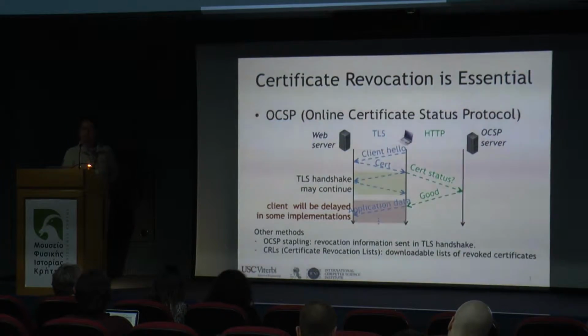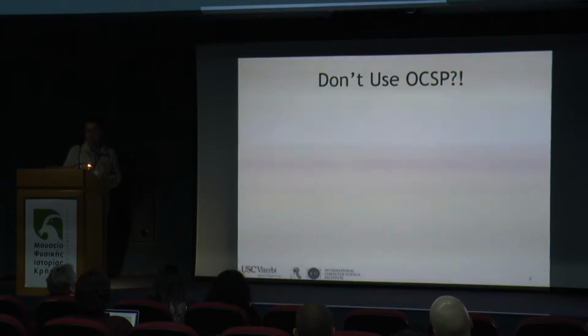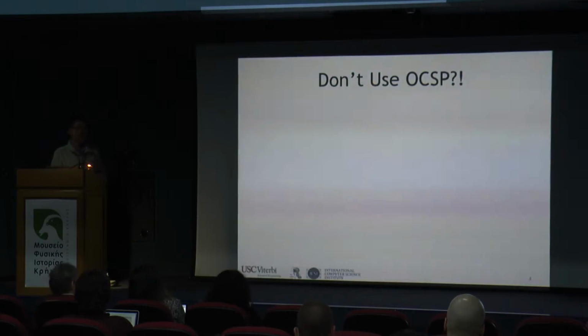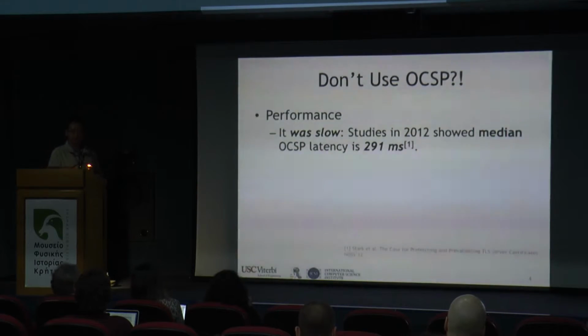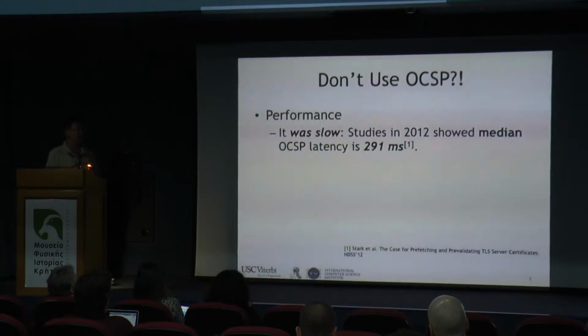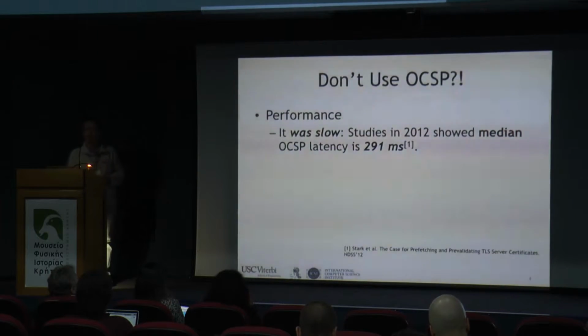And there are also some other methods, for example, OCSP stapling and CRL. But in this paper, we only focus our measurement on OCSP. Actually, there were some concerns about OCSP. A previous study in 2012 shows that the median latency of OCSP is about 290 milliseconds.